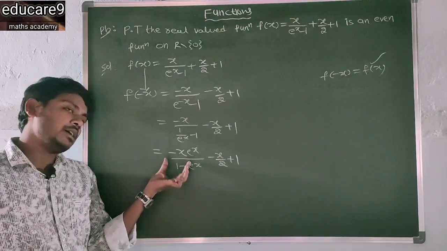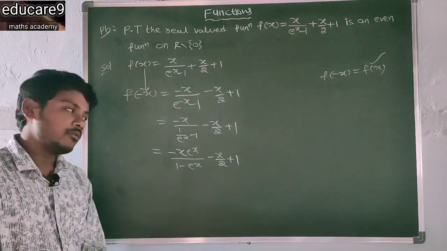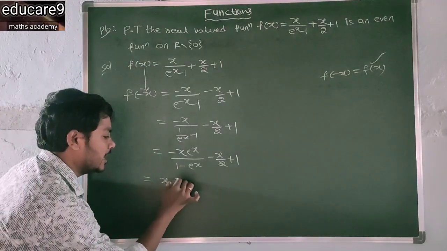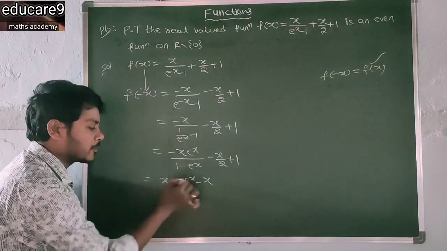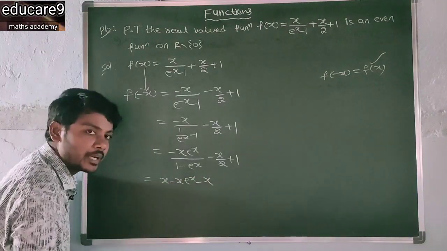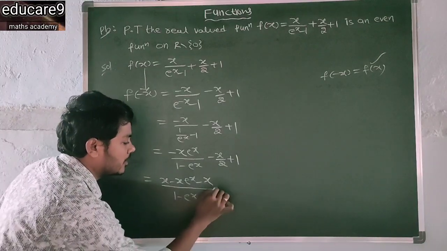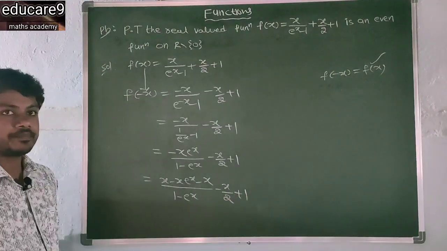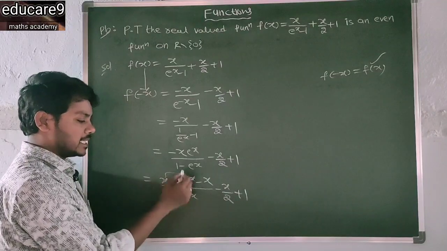Now for this you have to add and subtract x in the numerator. See here, x minus x e power x minus x. So add and subtract x on the numerator, divided by 1 minus e power x, minus x by 2 plus 1. Now which one is common from the first two? X is common.